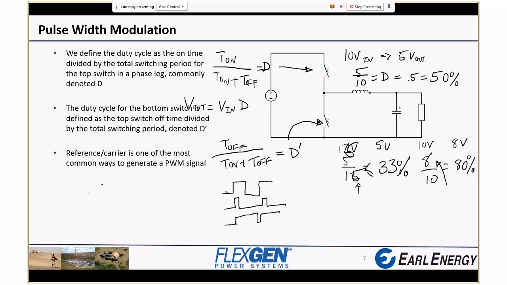So a common PWM circuit is a comparator. The comparator really just implements a greater than function. If V plus is greater than V minus, this thing outputs 1, and when it's less than V minus, it outputs 0. Into the minus, you feed a triangle wave.